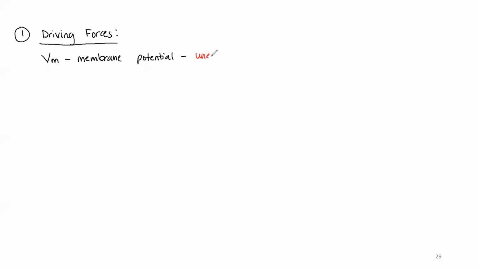So the unequal distribution of charge. In other words, positive and negative ions, right? Unequal distribution of charge across the membrane. That's really what the membrane potential is referring to.